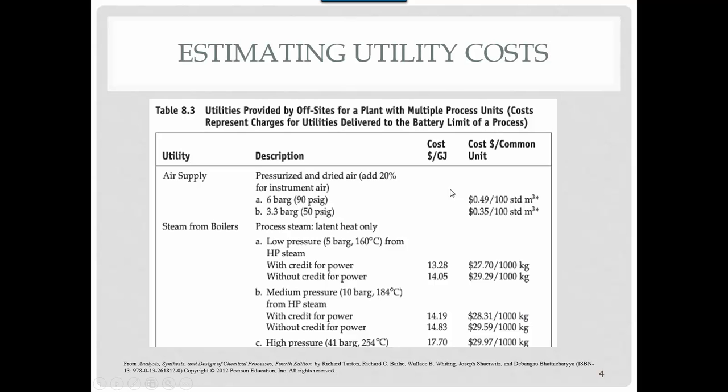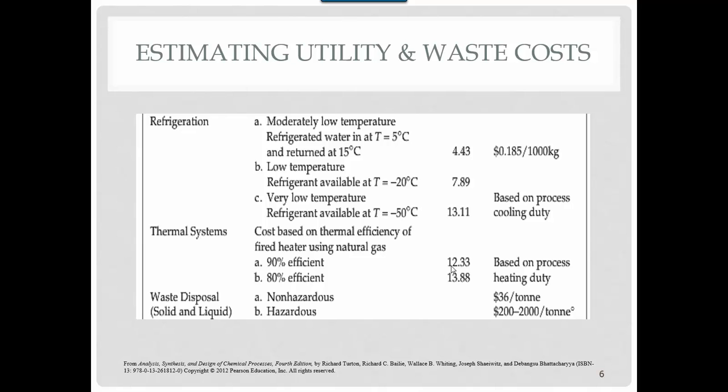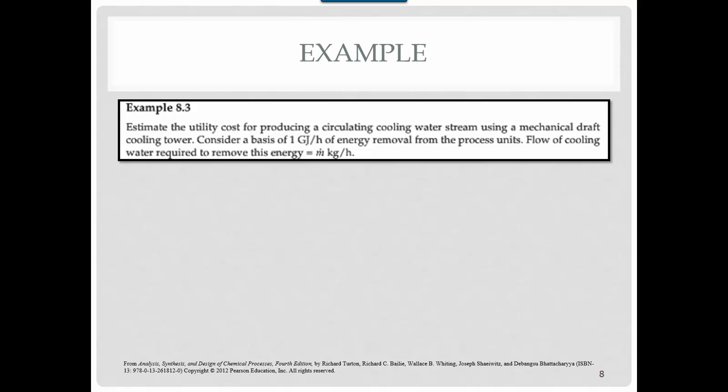So we have, from our last lesson, this table that is a reasonable estimate of utility costs. At least it's a place to get started until you actually know something. And so let's look at an example from the textbook. They want you to estimate the utility cost of producing circulating cooling water using a mechanical draft cooling tower.